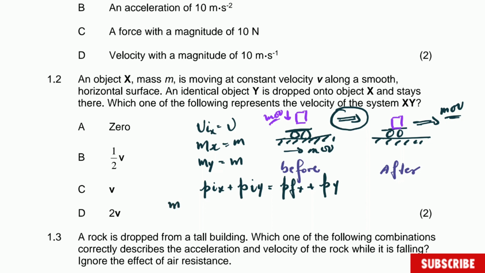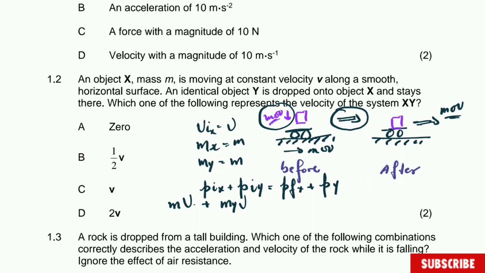Momentum is mass multiplied by velocity. So mass x, which is m, multiplied by the initial velocity of x, which is v, plus the mass of y multiplied by the initial velocity of y, but y is dropped, and therefore the initial velocity of y in the x direction is equal to 0.